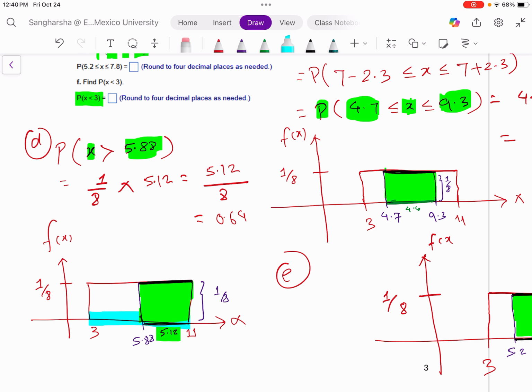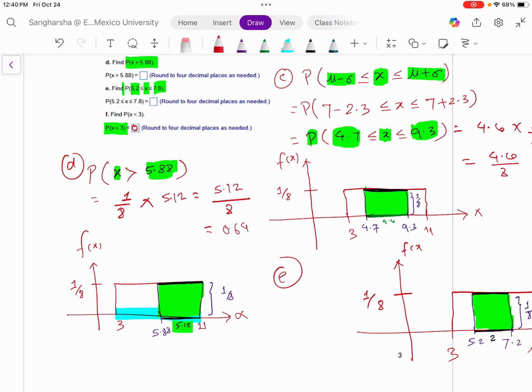The x does not take any number less than 3, and it does not take a number greater than 11. So the probability that our x takes a number less than 3 would be 0. And in a similar way, if you are asked to find the probability that x takes a number greater than 11, it is again 0. Okay, this is for part F.